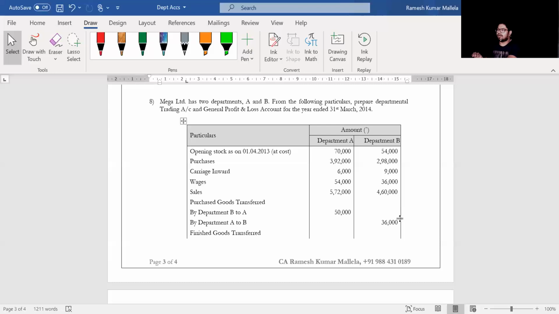That means all these can be considered by us for preparing the trading P&L account of each of these independent departments. After that is done, we are supposed to prepare a combined trading P&L account. That is your entity's P&L account for the company as a whole. Okay. So that's the objective what we are supposed to do, and in which we will write all the adjustments for unrealized profits. Okay. So let's go ahead with it.